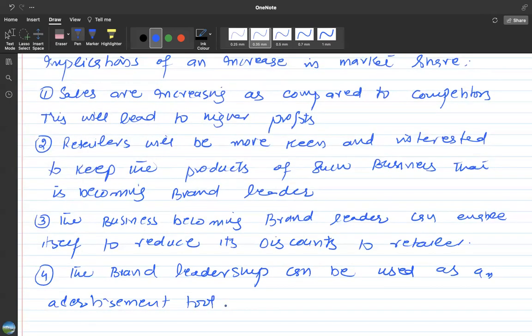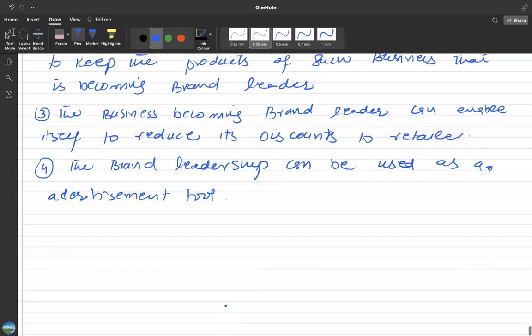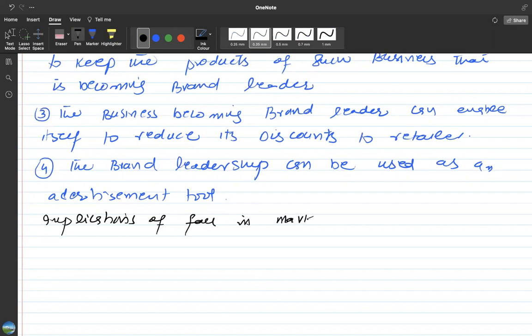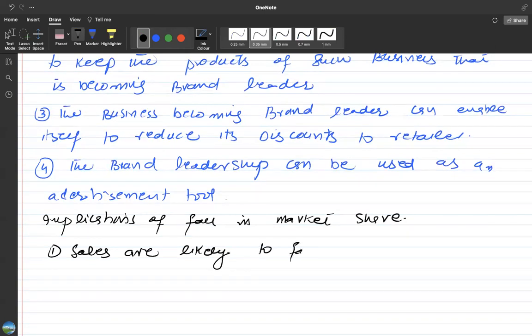So these are two concepts, market growth and market share, and there is one thing remaining, that is the implication of a fall in market share. What happens to businesses if the market share falls? Sales are likely to fall irrespective of the fact that market growth is taking place, because if market share is falling, the sales will also be falling.